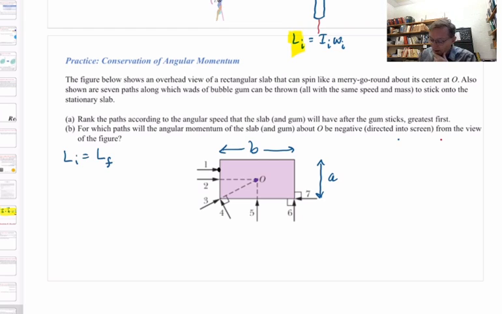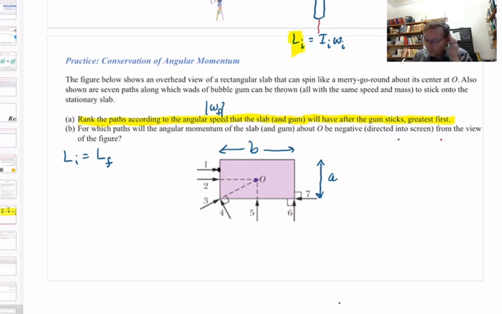Okay? All right, now what are we supposed to do in this practice, at least in part A? We are to rank the 7 paths according to the angular speed, I'll denote that omega final absolute value, angular speed that the slab with the piece of gum on it has after the gum sticks, greatest first, after the collision.